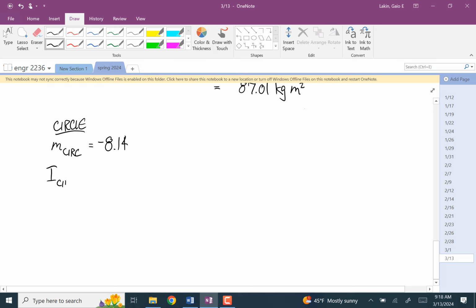So the moment of inertia of the circle about its own center of mass is, this is a circle, so 1/2 times the mass times the radius squared, so this is negative 0.254.